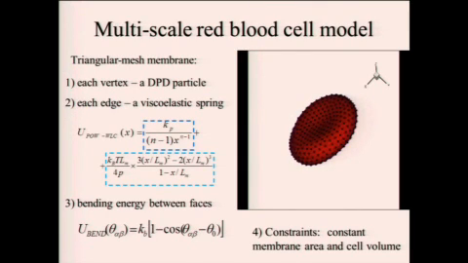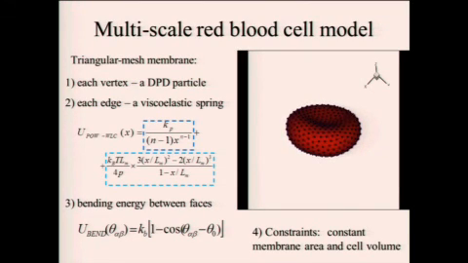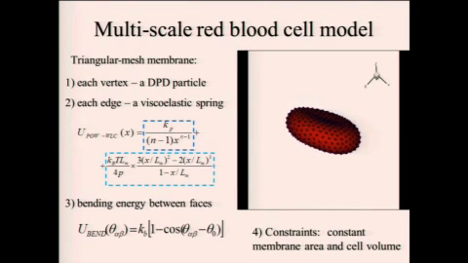So in this model, every vertex is a DPD particle, and each edge is a viscoelastic spring, which consists of what's called the worm-like chain, which is, we've got kT in front of it, as I mentioned. It's a mesoscopic type of entity, but it's derivable from statistical mechanics.